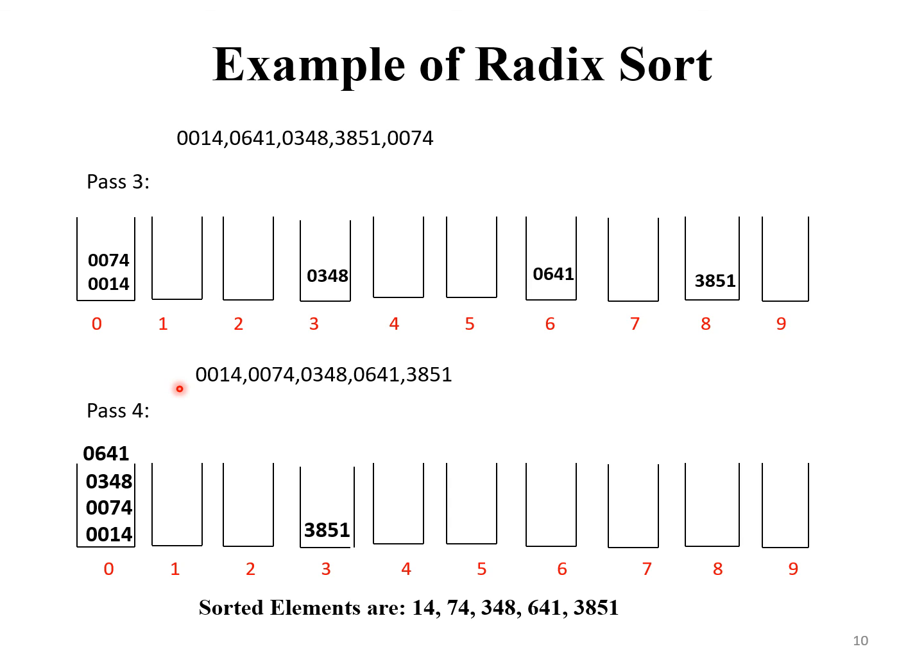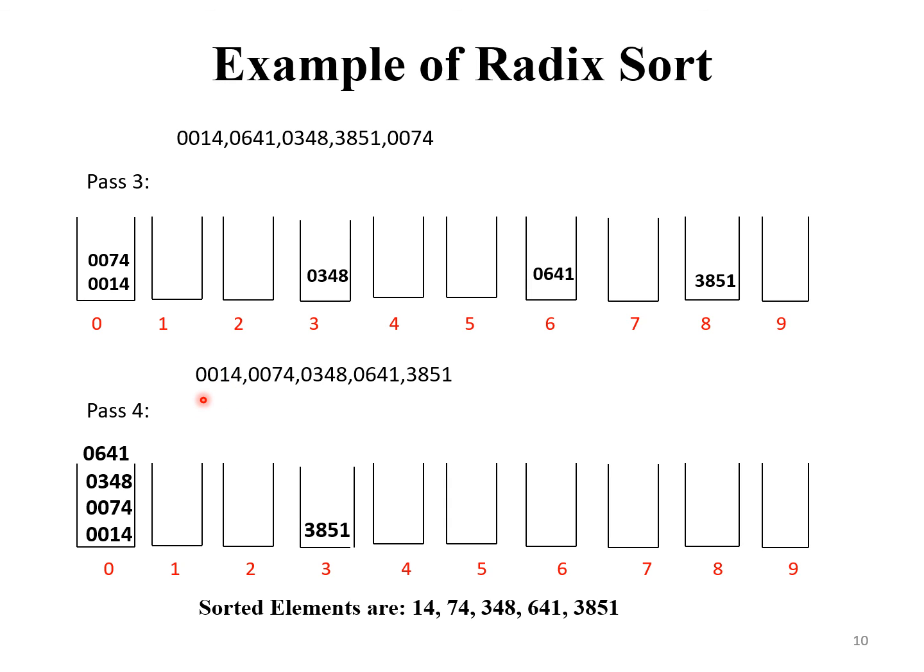So arrange the numbers: 0014, then 0074, then 0348, then 0641, and then 3851. Now in pass 4, all numbers that have less than 4 digits are automatically placed in the 0th bucket.